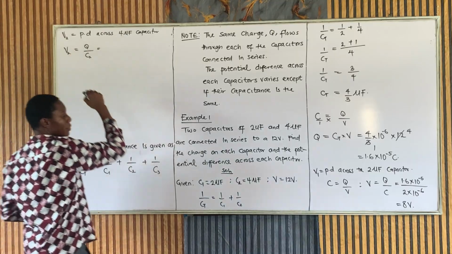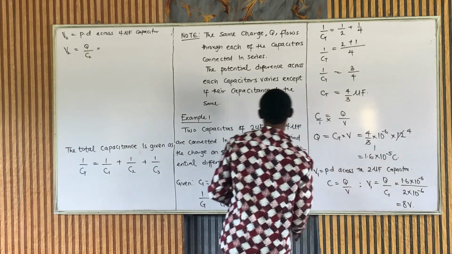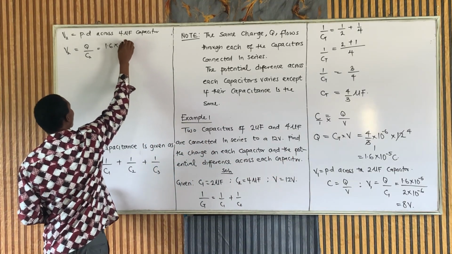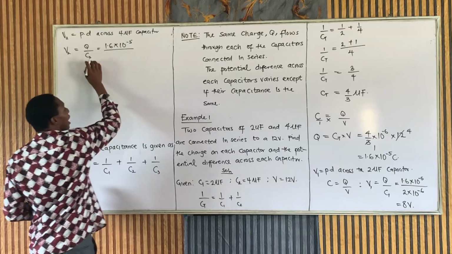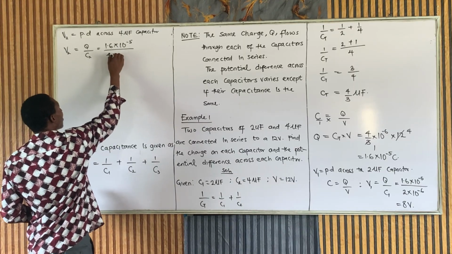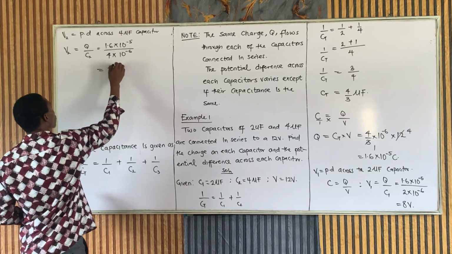So I should call this V1 and this is C1. So our Q, we've gotten our Q to be 1.6 times 10 raised to the power minus 5 all over the C2 we have, which is 4 microfarad, 4 times 10 raised to the power minus 6. If we do this, we get 4 volts.